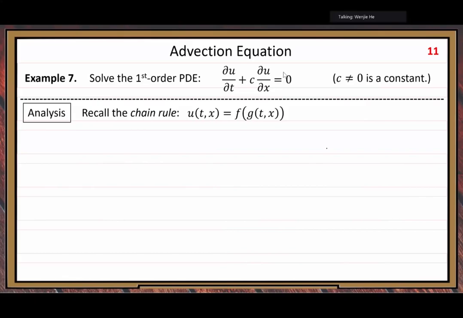When we have freedom to choose something, usually we want to choose a relatively simple function, because if we choose simple functions, the calculation will be easier. We don't want to make our function unnecessarily complicated.